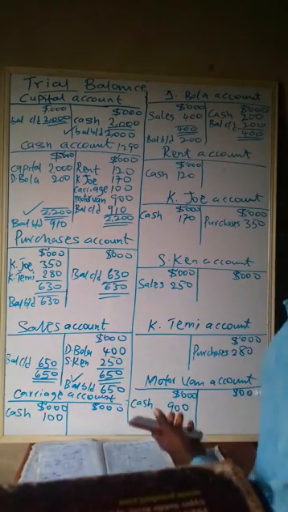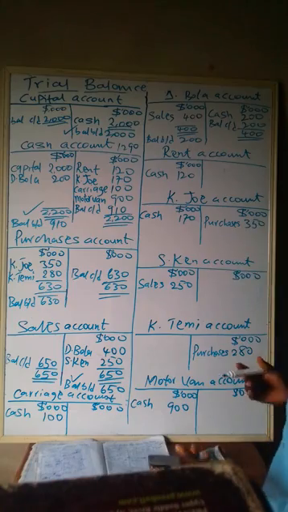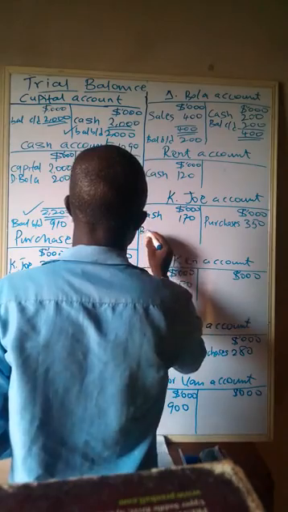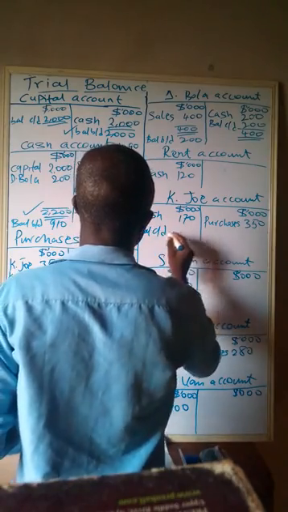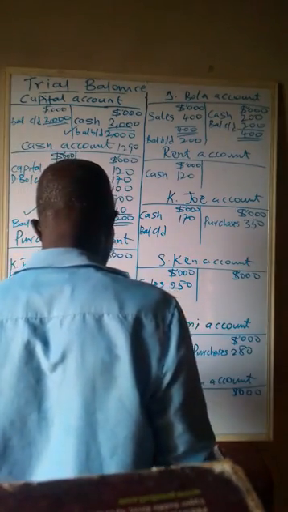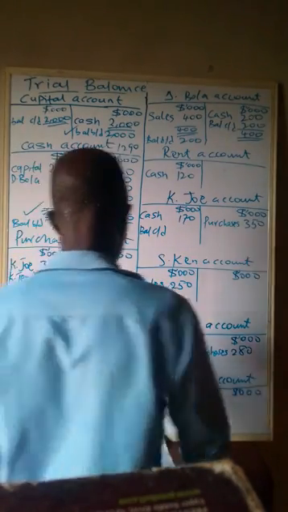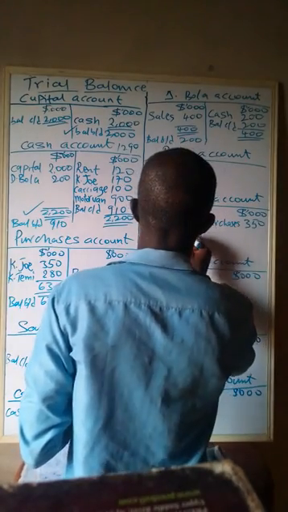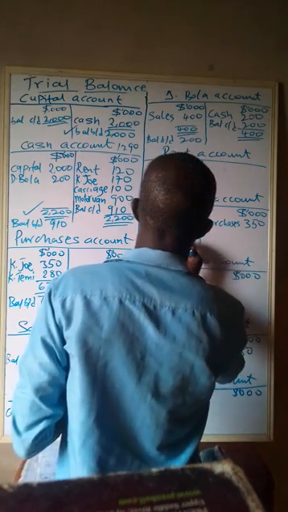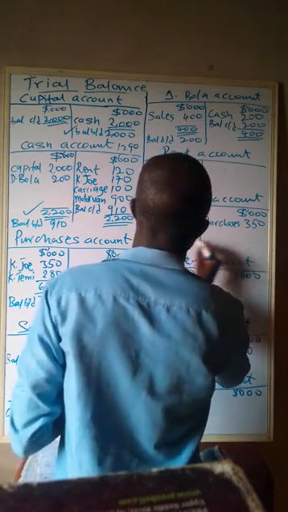Kejo, we bought 250 from him, and we paid him 170. What is the balance? The balance CD to balance of is 350 minus 170, and that is a $180,000, and that is a 350.